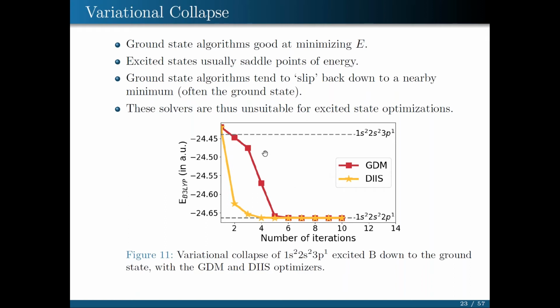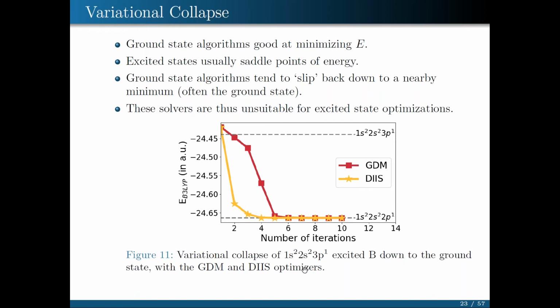And this means that ground state solvers like DIIS and GDM are quite unsuitable for excited state orbital optimization, as made clear by the attempt to converge an excited state of a boron atom, sending the 2p electron therein to a 3p level. We see that both the DIIS and the GDM algorithms rapidly collapse back down to the ground state of the boron atom in this case, instead of converging to the excited state.